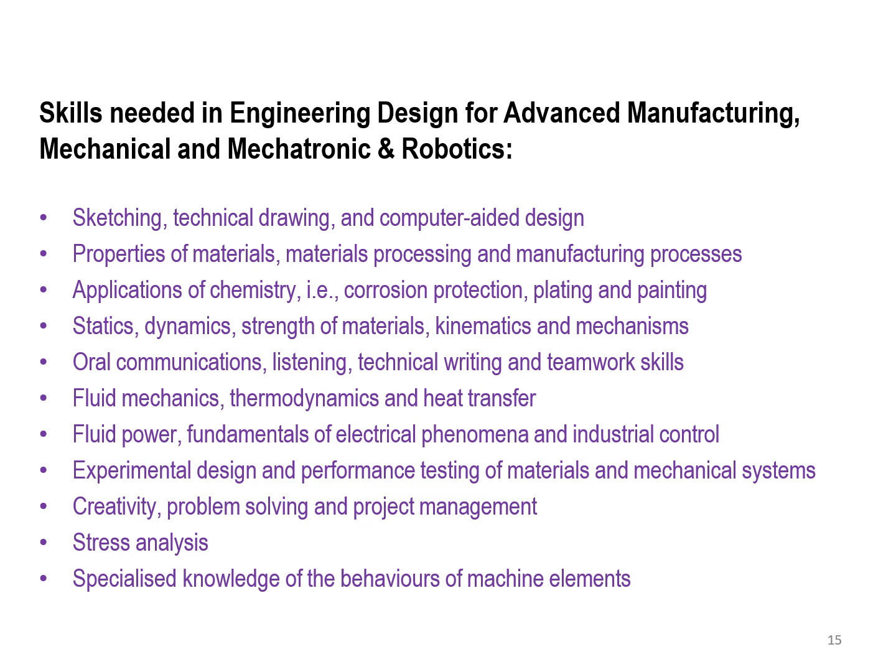Also, a good background about the application of chemistry, like corrosion protection, plating, and painting. Statics, dynamics, strength of materials, and the kinematics of mechanisms are very important issues that you need to learn to have a good design.